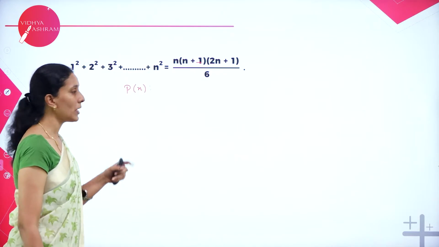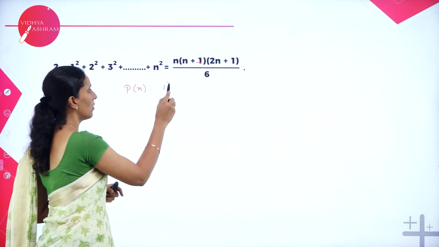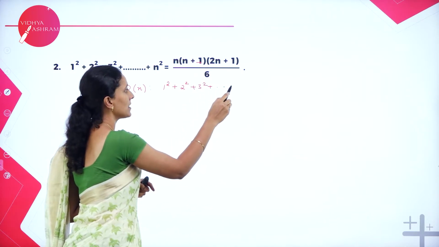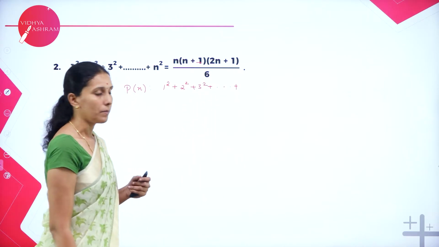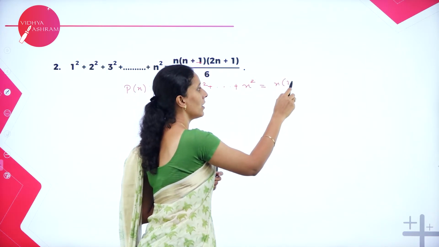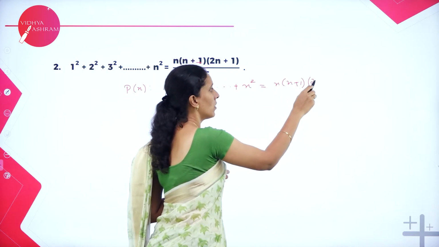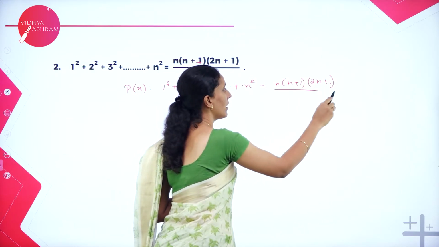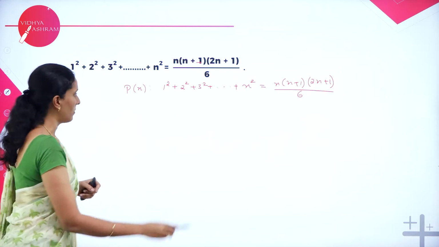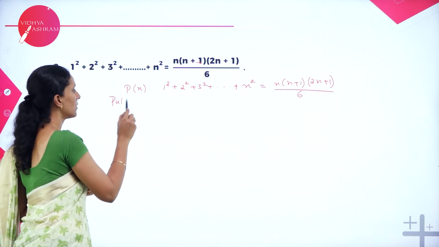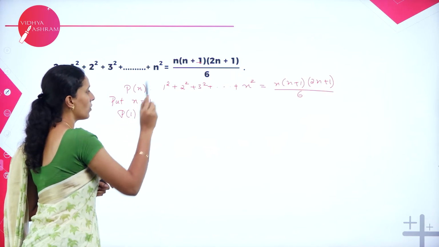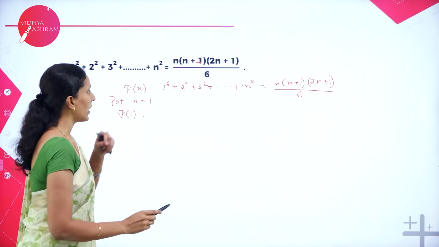So let P of n be 1 square plus 2 square plus 3 square plus etc. The last term is n square, which is equal to n into n plus 1, 2n plus 1 divided by 6. Now let us take n is equal to 1. Then what happens for P of 1? n is equal to 1 means you have to take only one term.